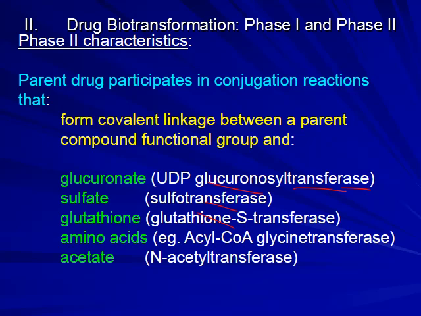Are they transferring an acetate group? Right, so what I like students to know is the name of the product form, the name of the enzyme, and the source of this endogenous reactant. Right, so for example, a phase 2 metabolic enzyme that transfers glucuronic acid is called UDP glucuronyl transferase.